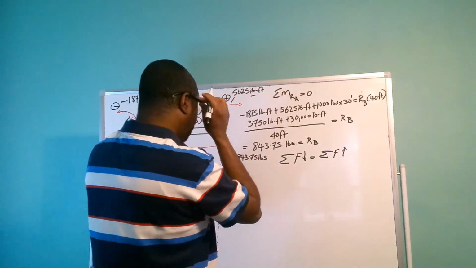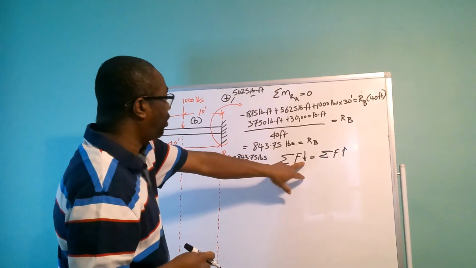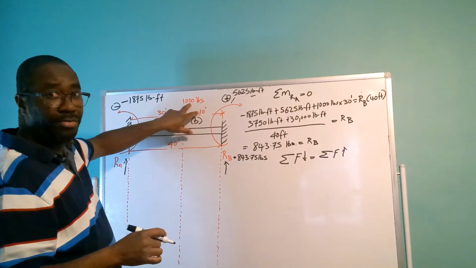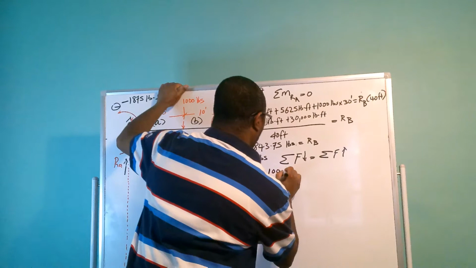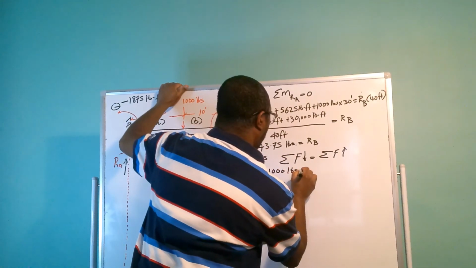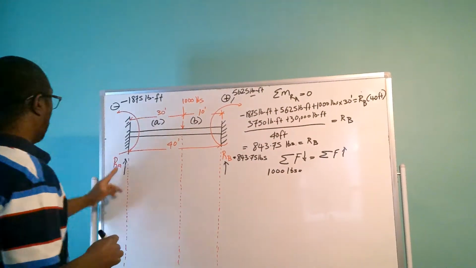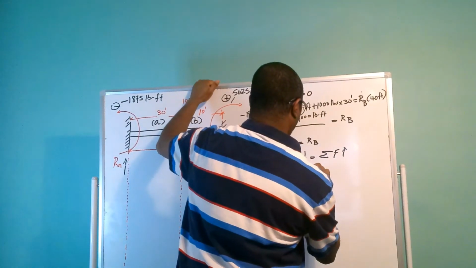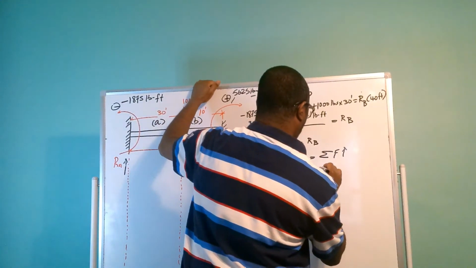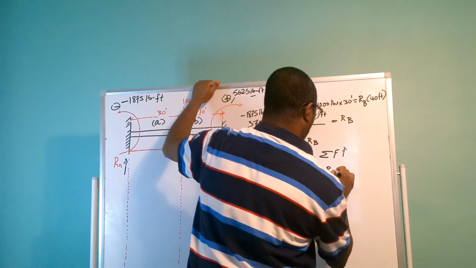So our forces coming down is 1,000 pounds. And we have RA going up and RB going up. So we have plus RA plus RB.